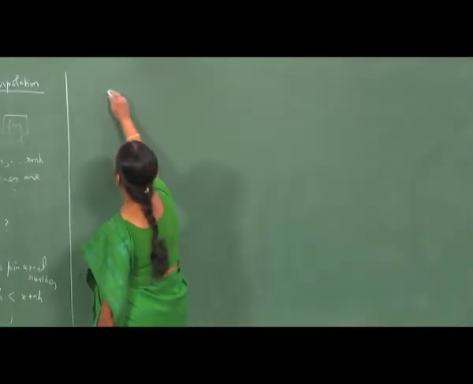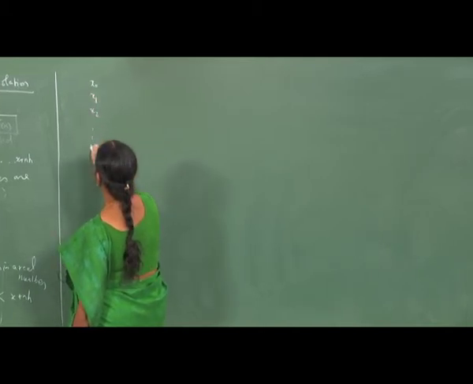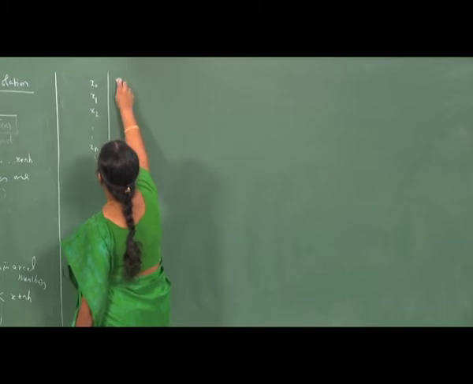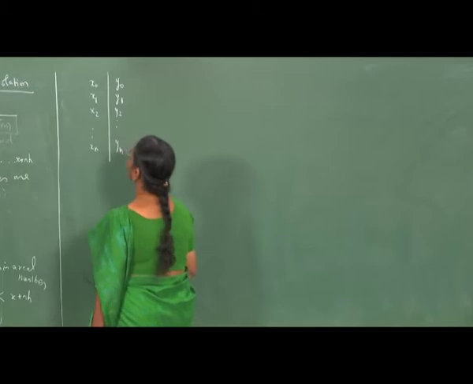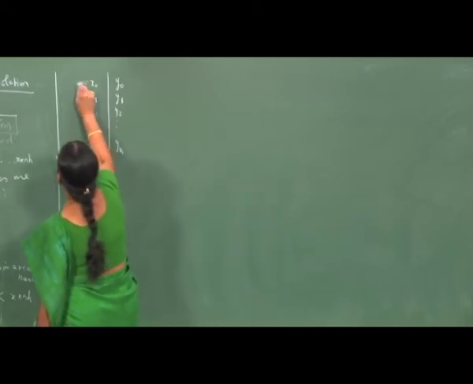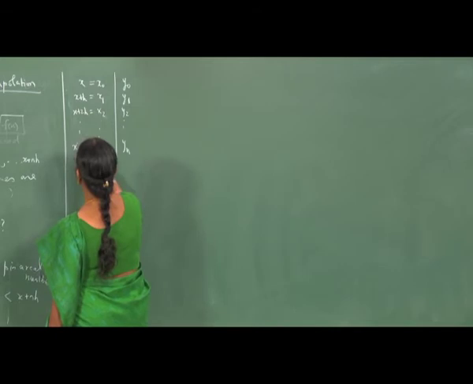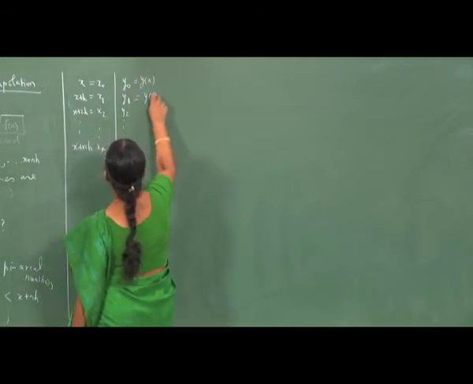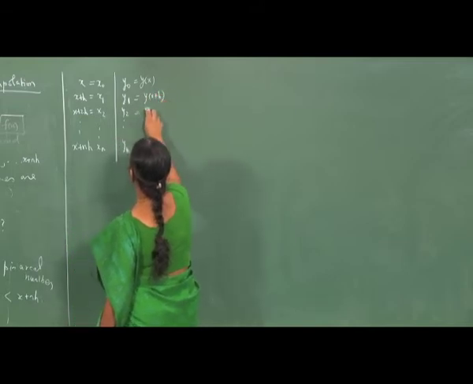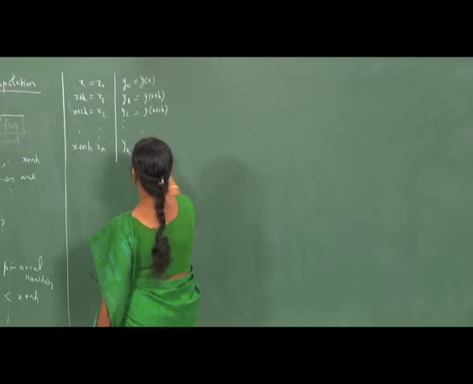Given information at the set of points x0, x1, x2, etc., xn, and the corresponding values y0, y1, y2, etc., yn. Say this is my x, this is x plus h, x plus 2h, and so on, x plus nh, and these are the values at y, y at x plus h, y at x plus 2h, and so on, y at x plus nh.